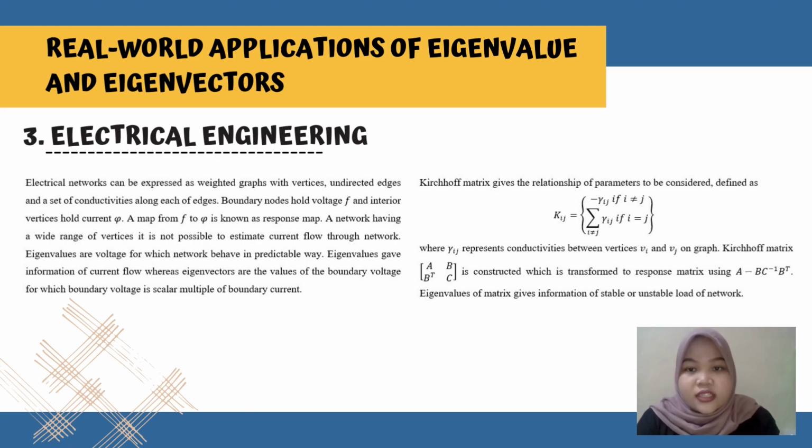The Kirchhoff matrix gives the relationship of parameters to be considered, defined as those Kij, where Yij represents conductivities between vertices Vi and Vj on the graph. The Kirchhoff matrix with blocks A, B, Bt, and C is constructed, which is transformed to the response matrix using A minus B C power of -1 Bt, and the eigenvalues of the matrix give information on the stable or unstable load of the network.